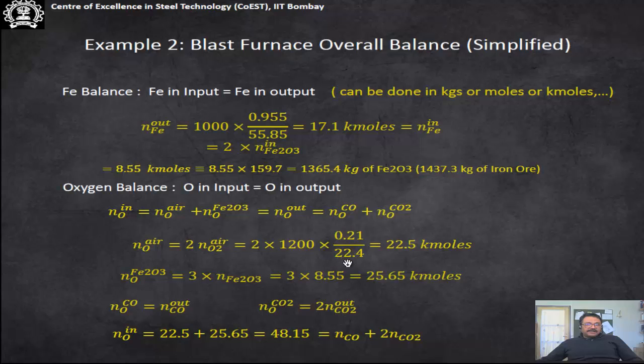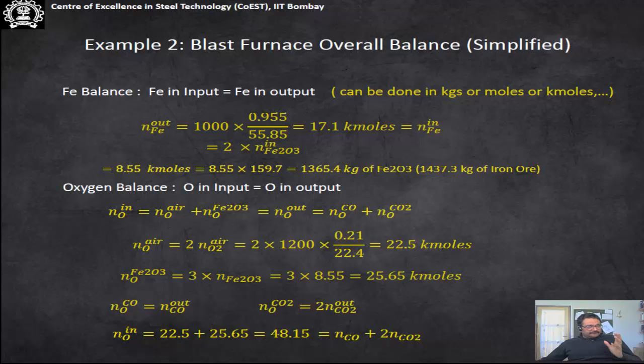Since I am counting moles of O, I multiply by 2, because every O2 gives 2 O. That gives 22.5 kilomoles. And we already know the amount of Fe2O3, which is 8.55 kilomoles. Every Fe2O3 contains 3 oxygen atoms, so you multiply by 3, which gives 25.65 kilomoles of O. So this is the total number of moles of O.